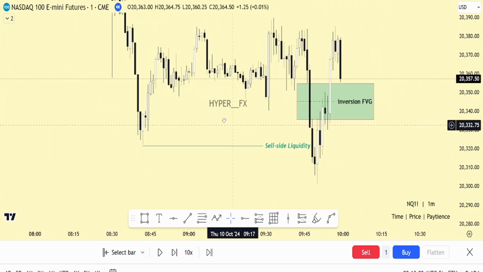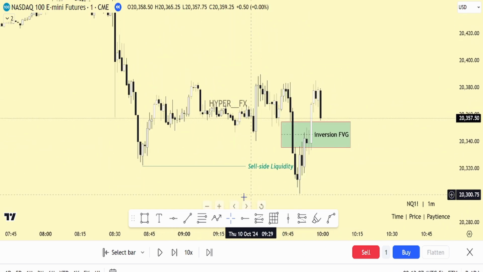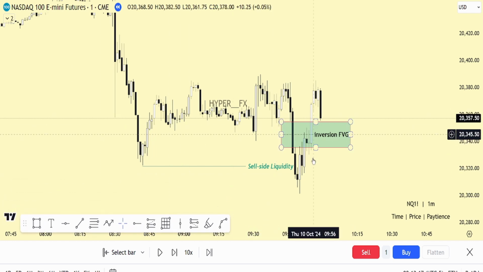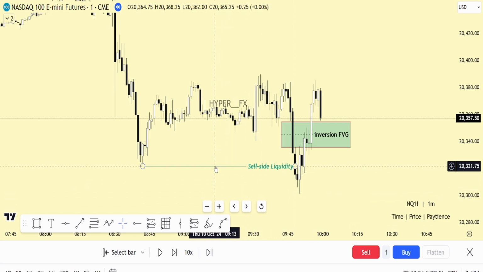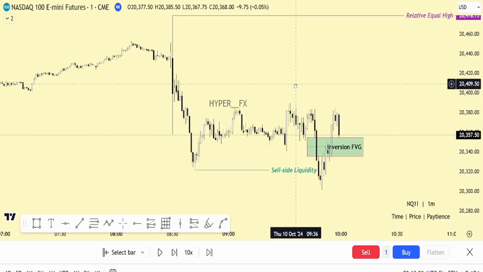This is a price action that happened on the 10th of October 2024, and the particular session that I trade is the morning session of New York. So I am expecting this setup to form in the New York session.